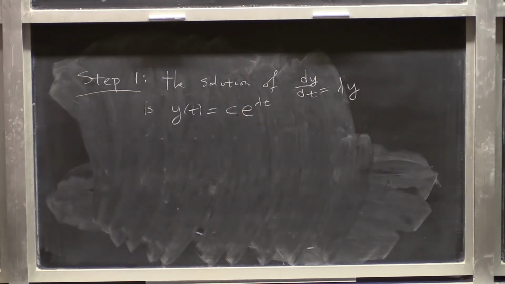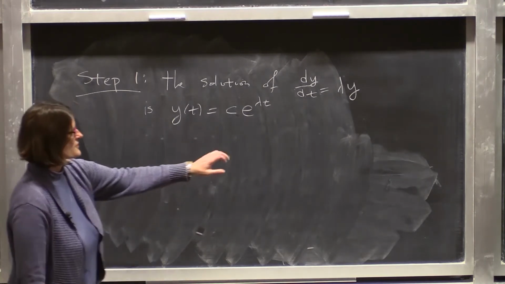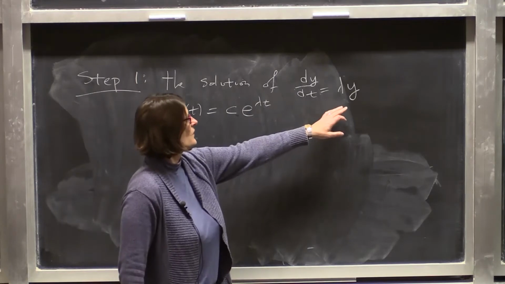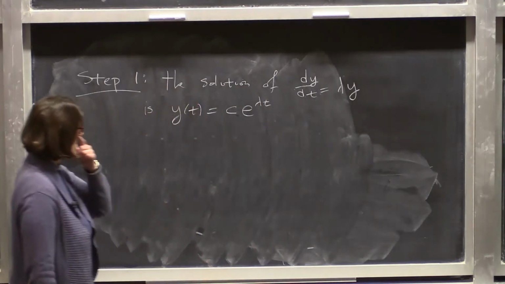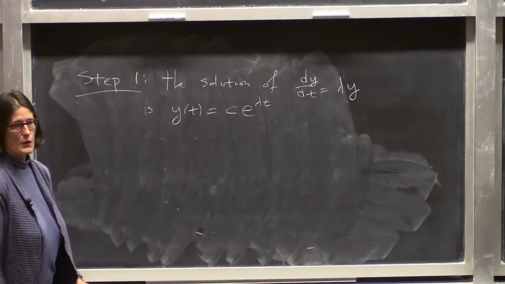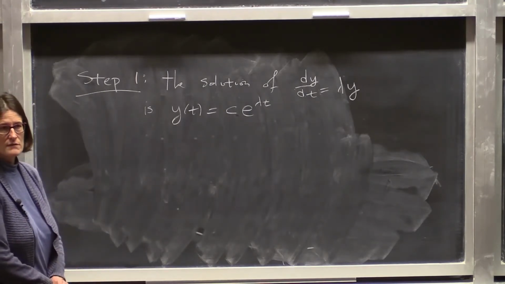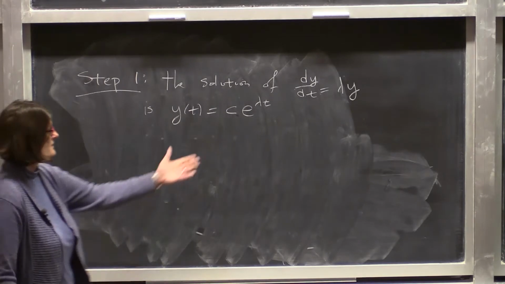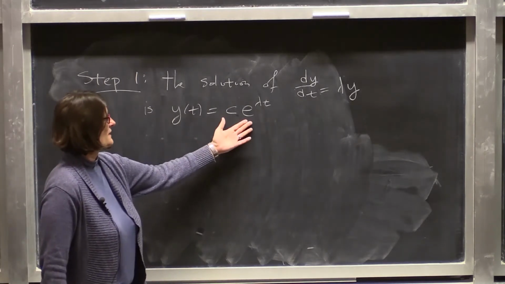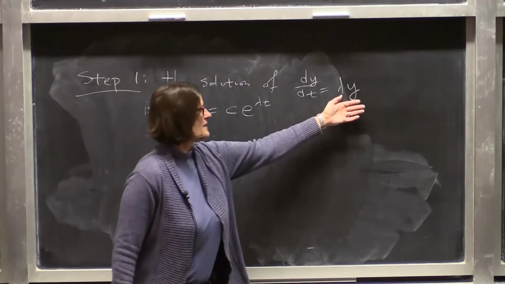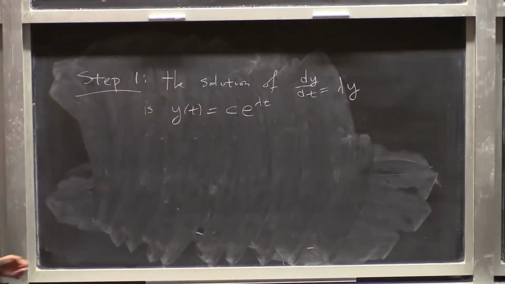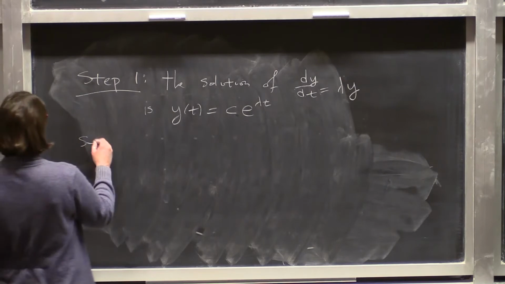So if I have not a vector, but just a function, I'm looking for some function y of t so that dy/dt equals lambda times y, then certainly this works. Do you agree? So if I differentiate this and put it on the left-hand side, and I take this and multiply it by lambda and put it on the right-hand side, are they equal? Yes.